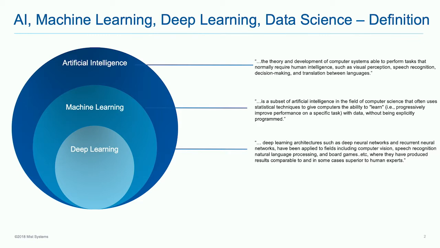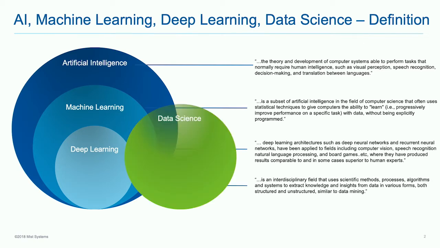And this would be probably the closest to Skynet, if and when we get to that point. And then kind of related is data science. This is a term that will be used to basically define working with data and coming to some sort of conclusion.